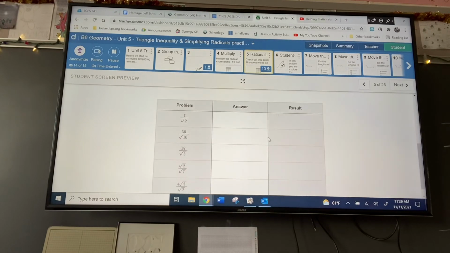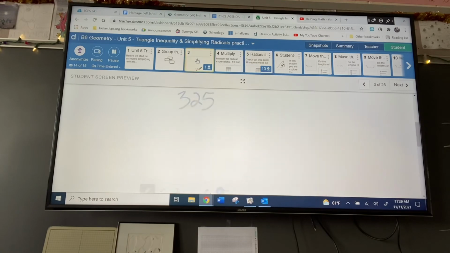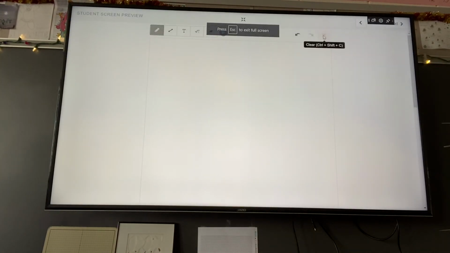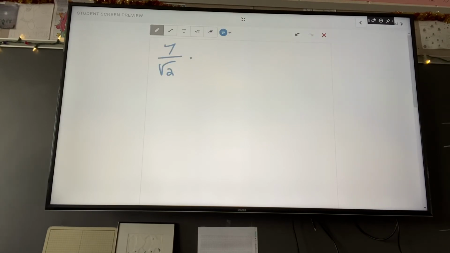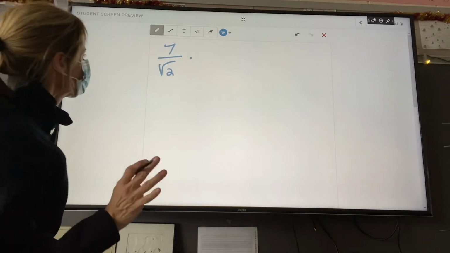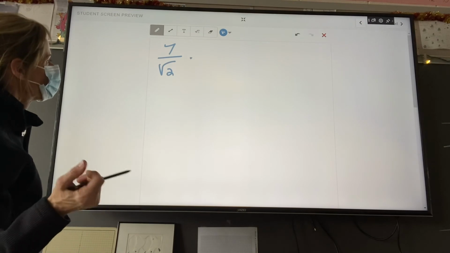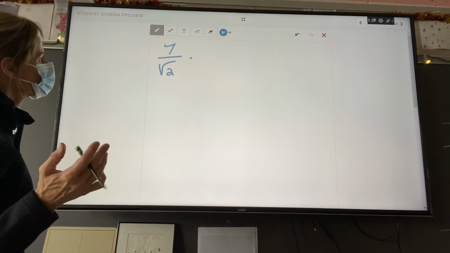Okay, so now we are going to do one problem and then I'm going to stop my video. 7 over root 2. What am I going to multiply by? What special 1 can I multiply by to get rid of the radical in the denominator for this problem? 2 over root 2.